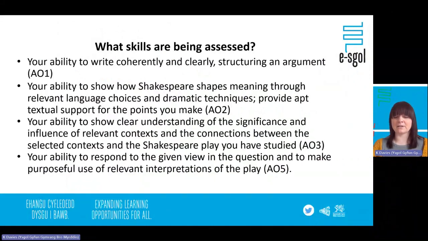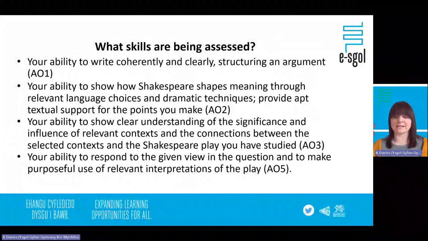So we've got this reminder here as well that this is a closed book examination.